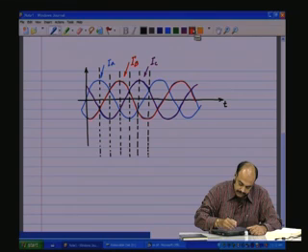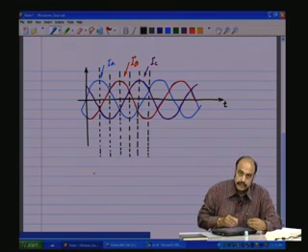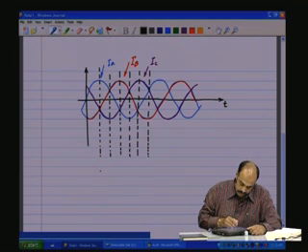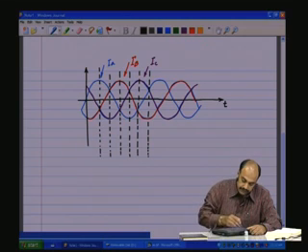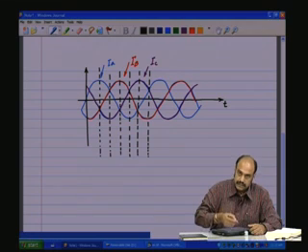how does the resultant vector look? Now there is going to be a flux along the A phase axis at every instant of time, B phase axis, C phase axis.